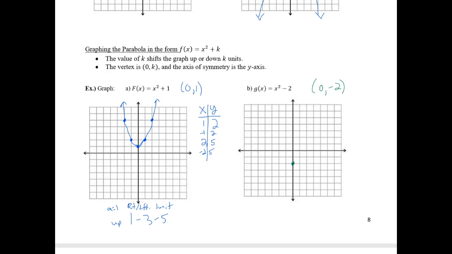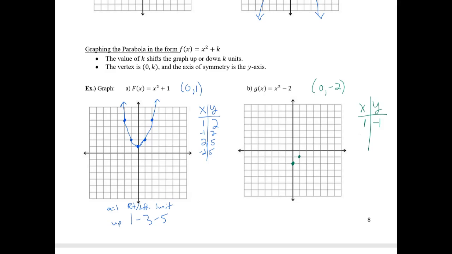Then from there, I can make a table and pick some more values. So if I picked 1, I would plug in 1 for x. 1 times 1 is 1, minus 2 would be negative 1. So I go over 1 and down 1.